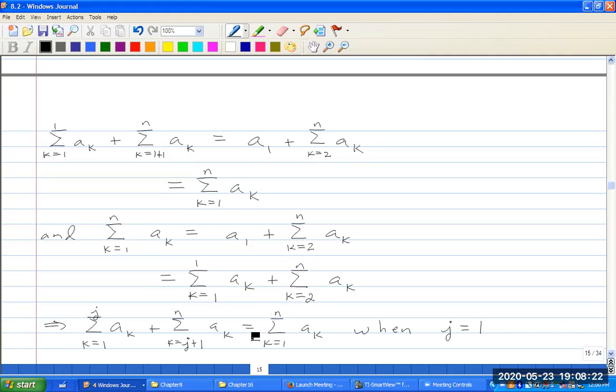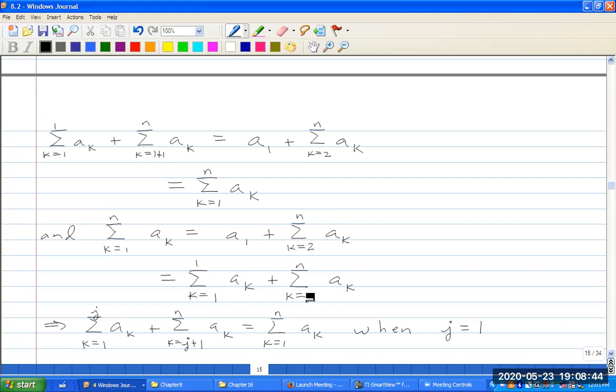I don't really have to show that. Well, I did, but I didn't really have to show it. The sum k equaling 1 to n of a sub k is a1 plus the sum k equaling 2 to n of a sub k.